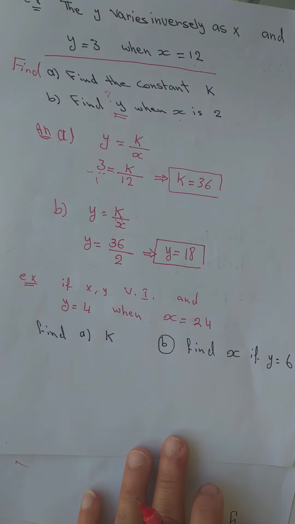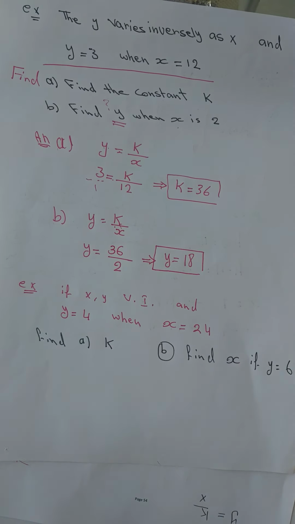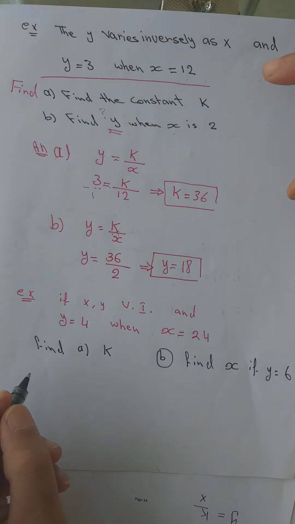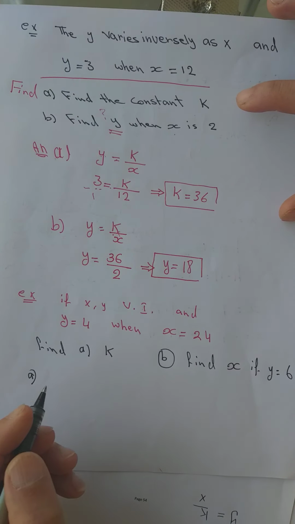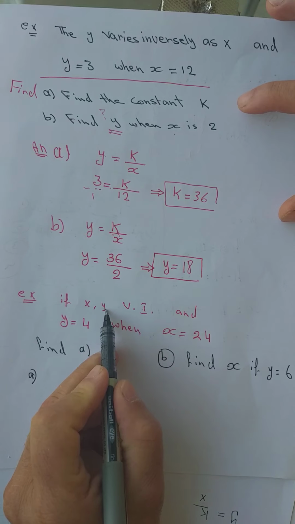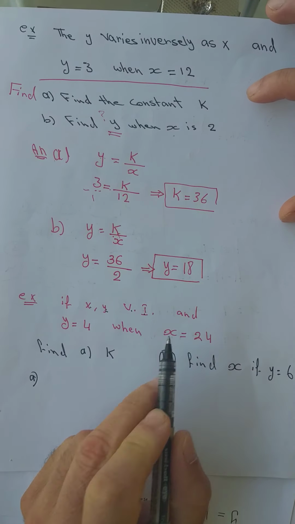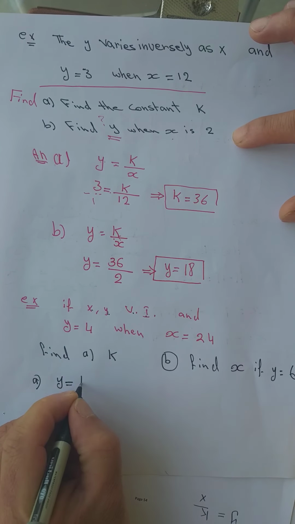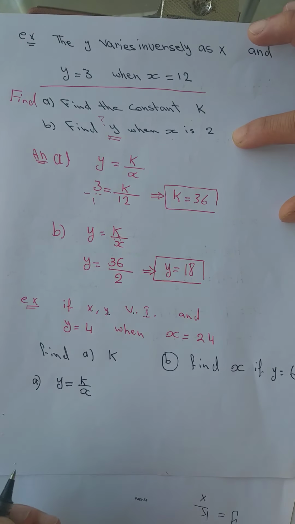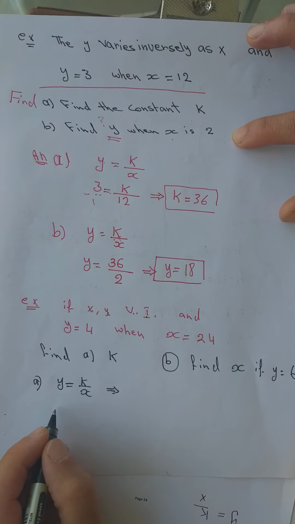Okay, let me solve it. A, find value k. As you know, x and y vary inversely, then y is equal to k over x. Do you have y?